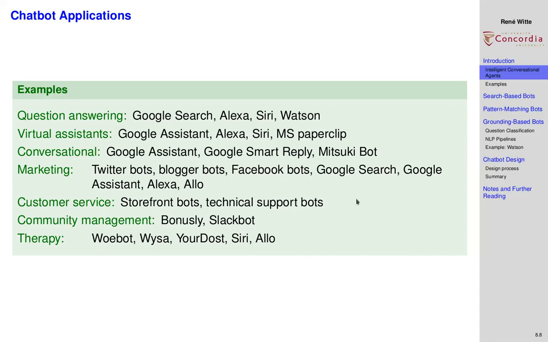Pretty much everyone wants to have a bot. They differ a lot in how sophisticated they are. The simplest ones aren't really bots; they're just like a menu system: press 1 for doing this, press 2 for doing that. These are not really the kind of bots that we talk about here. But as a general line, they are becoming more and more sophisticated everywhere.